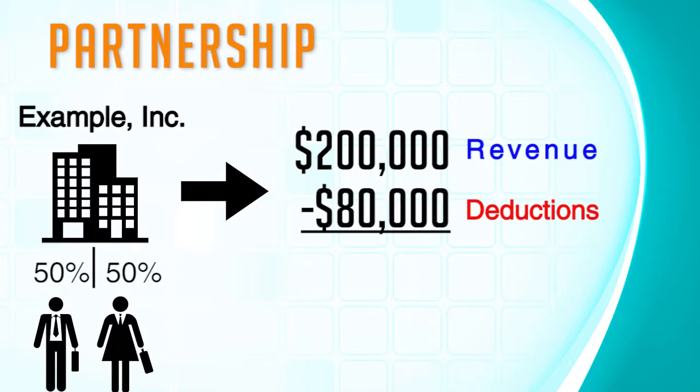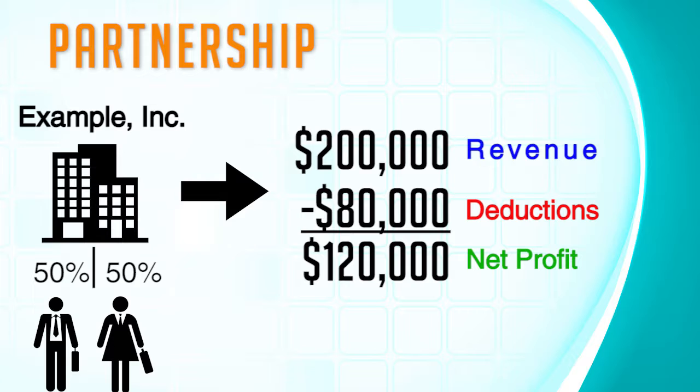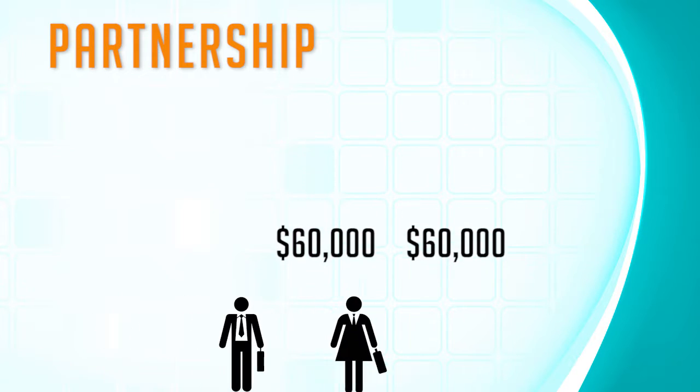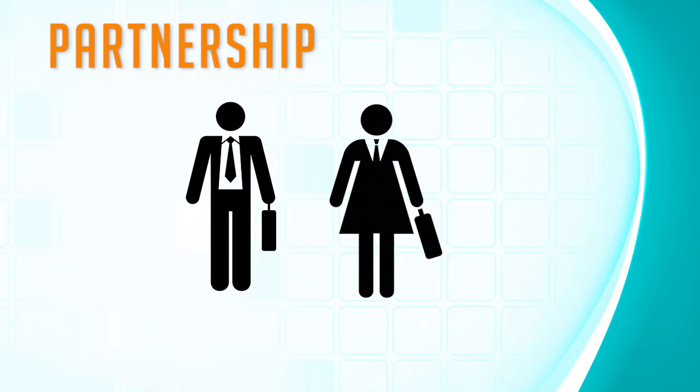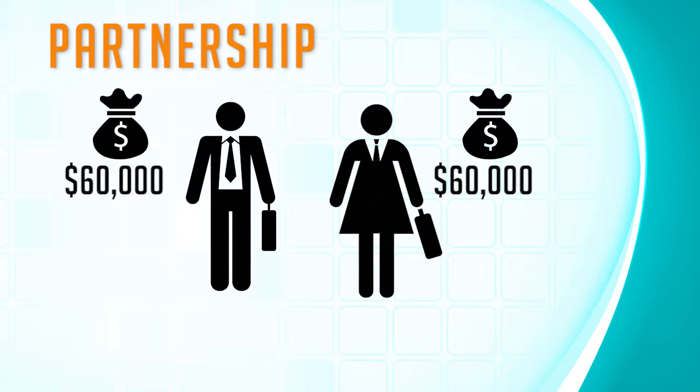And after deductions of $80,000, that leaves a taxable income of $120,000, which is passed through to Jack and Jill based on their respective ownerships. Which means that since both Jack and Jill own 50%, they both have to report $60,000 on their personal tax returns. Now, how each owner will pay taxes on that income depends on their personal situation.